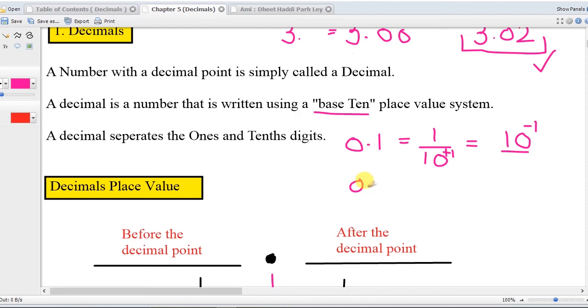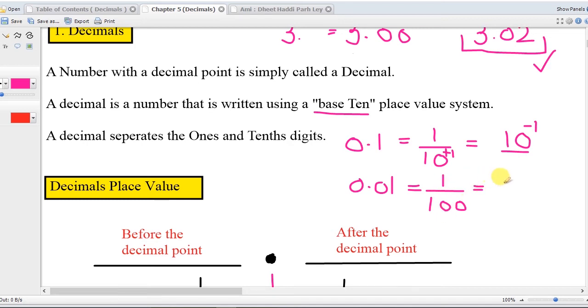Similarly, if I write 0.01 and convert it into a fraction, this will become 1 over, remember we have already learned the conversions from decimal to fraction, fraction to percentages. Just put 1 in place of the decimal point, and see how many digits there are, 2 digits, so write 2 zeros. This is how we convert a decimal into a fraction, right?